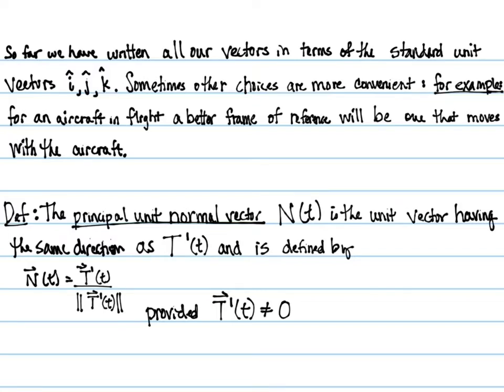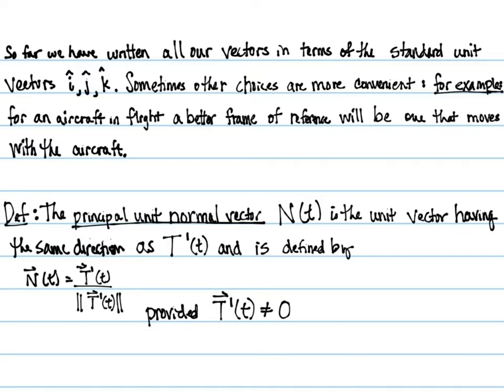Question: So in writing that, you're saying the normal vector is of T prime, not the prime of the normal vector? Yes, that's a capital T prime of the lowercase t.